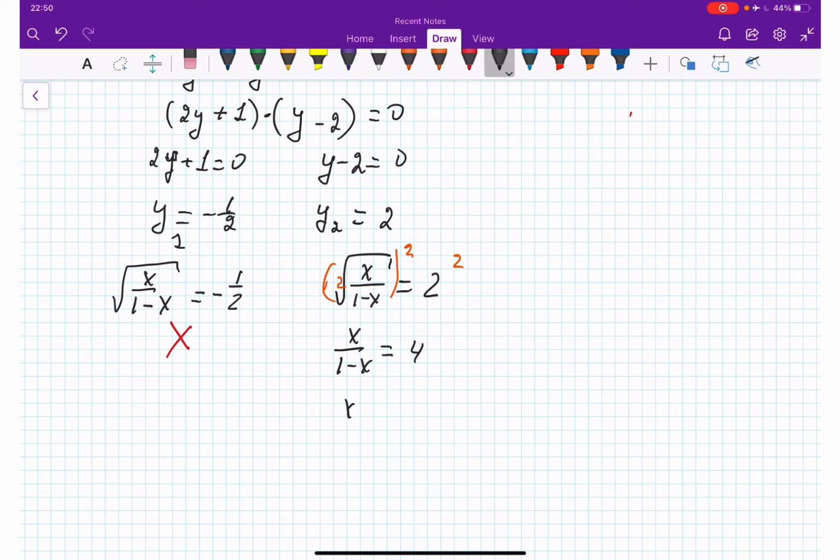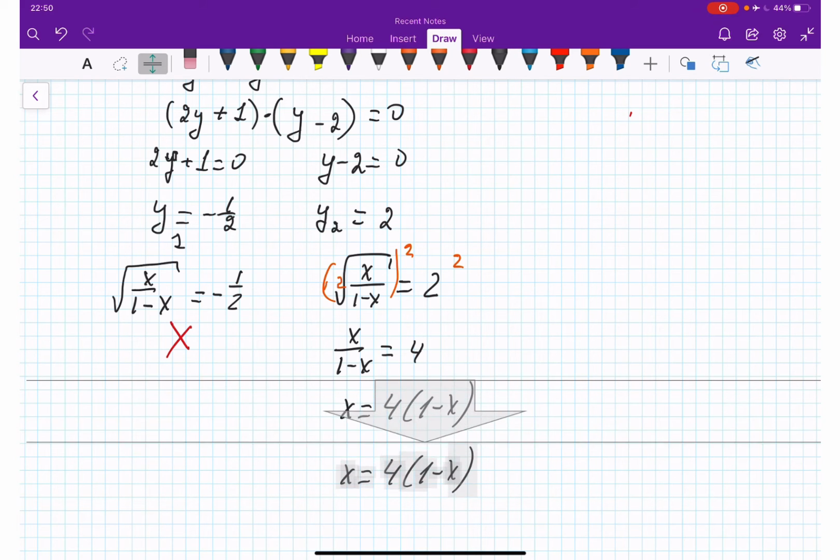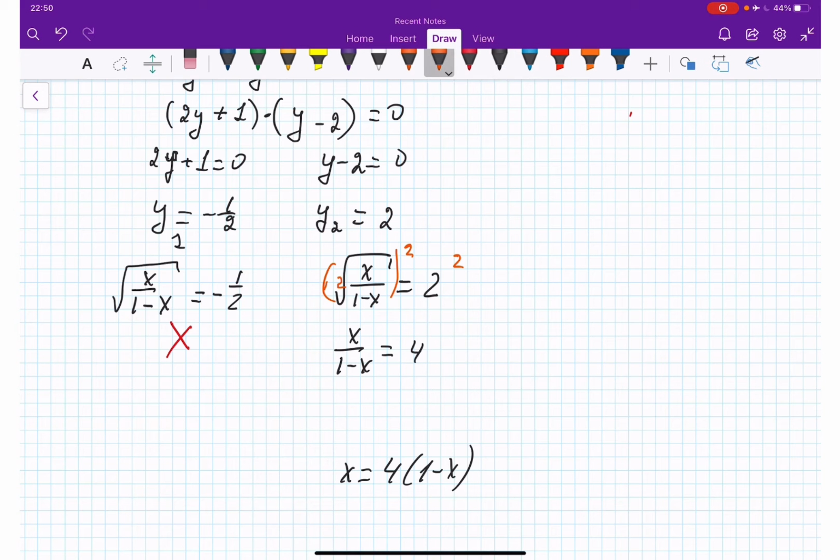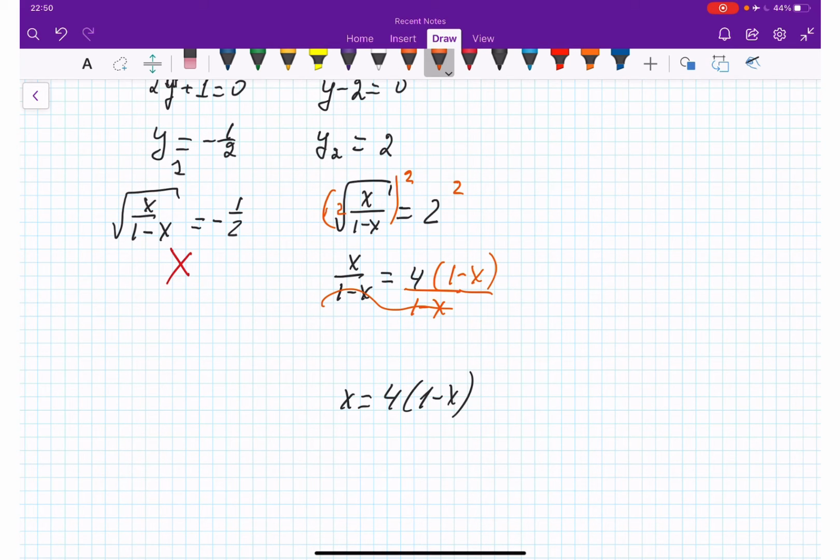From here, x is equal 4 times 1 minus x, bringing to common denominator and dropping, right? So this is how I did. Denominator 1 minus x, divide by 1 minus x and multiply by 1 minus x. And since we have the same denominator, we can drop it. And we get x is equal 4 times 1 minus x, right?